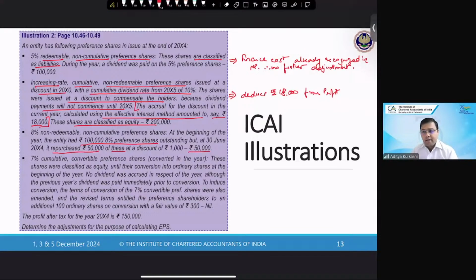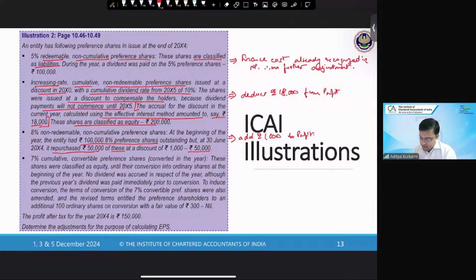Yes. Nisha, anything you want to add? No, I just said add it before you calculate. Correct. So Jeannie, you followed? You have repurchased at a discount of 1,000, so you will add back this 1,000. Okay. So add back rupees 1,000 to profit. Okay.